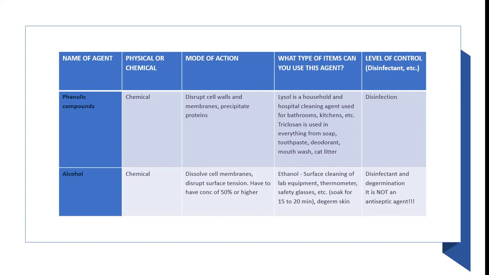Now, let's talk about alcohol. Alcohol, either ethanol, which is ethyl alcohol, or isopropyl alcohol, is widely used in all areas, from skin all the way to surface cleaning. Alcohol works because it's going to go in and dissolve the cell membrane by reducing surface tension.